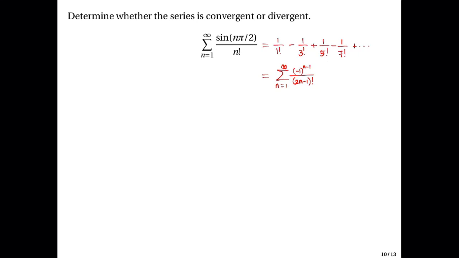Question. In which case, our Bn is equal to 1 over 2n minus 1 factorial. Okay? Now, yung condition na ultimately decreasing. So, this is what we want: Bn plus 1 less than or equal to Bn.